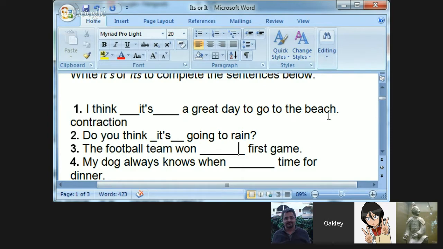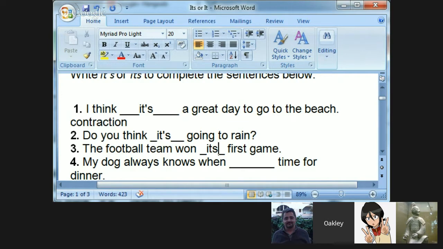Vicente, how about number 3? The football team won its first game. It's not a contraction. It's a possessive pronoun. Yes. The football team, see, we have to use this because it just sounds stupid if we say the football team won the football team's first game.